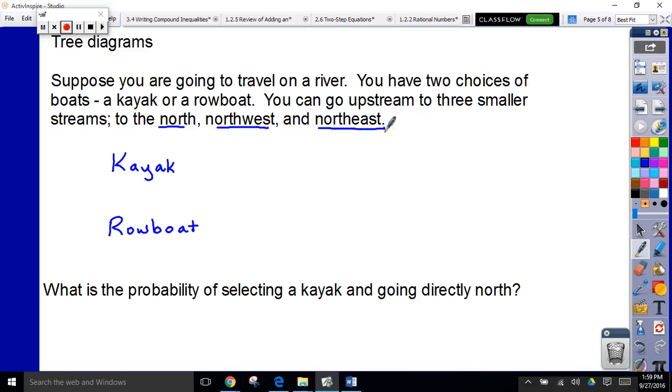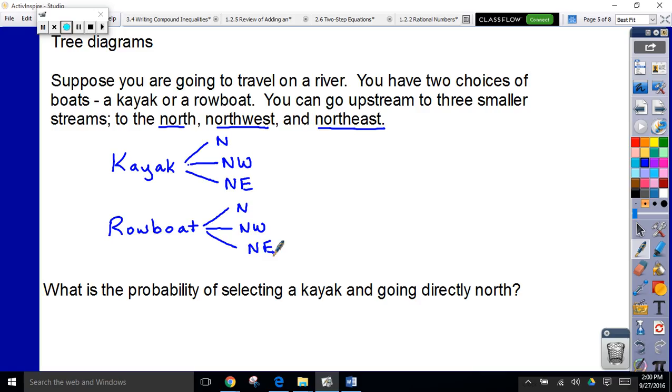So when I'm in the kayak, I have these 3 choices. North, I'm just going to write N, northwest, or northeast. When I'm in the rowboat, I have those same 3 choices. I could go north, I could go northwest, or I could go northeast.